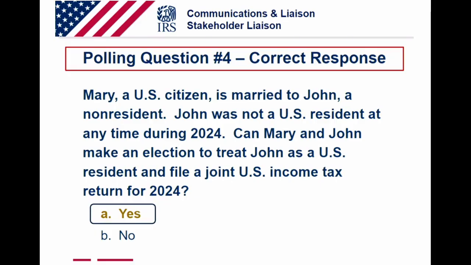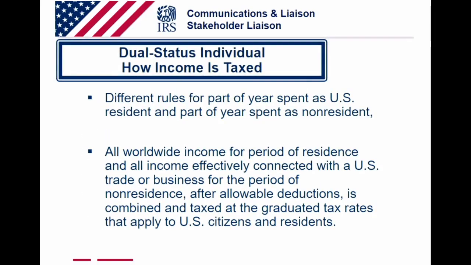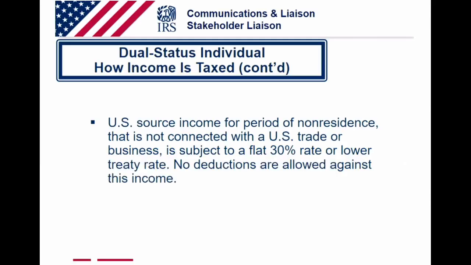Yep, thanks, Anika. So a dual status individual is subject to different rules for the part of the year spent as a U.S. resident and the part of the year as a non-resident. All worldwide income for the period of residence and all income effectively connected with a U.S. trade or business for the period of non-residence, after allowable deductions, is combined and taxed at the graduated tax rates that apply to U.S. citizens and residents.